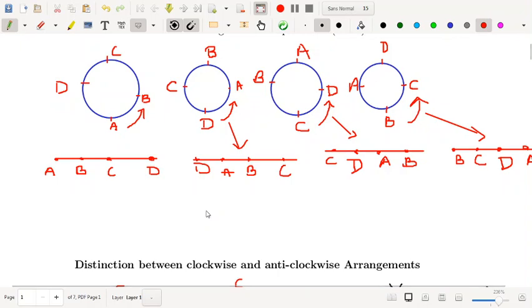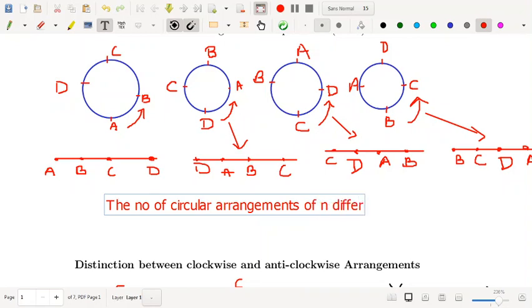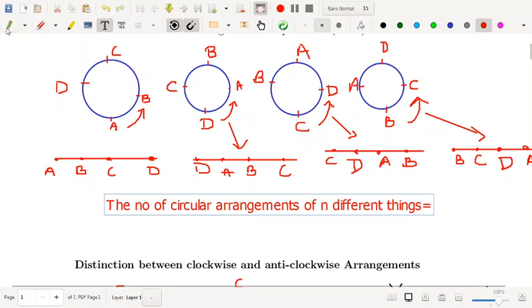We can relate the number of circular arrangements of n different things to the linear ones. The number of circular arrangements of n different things is equal to factorial n by n.